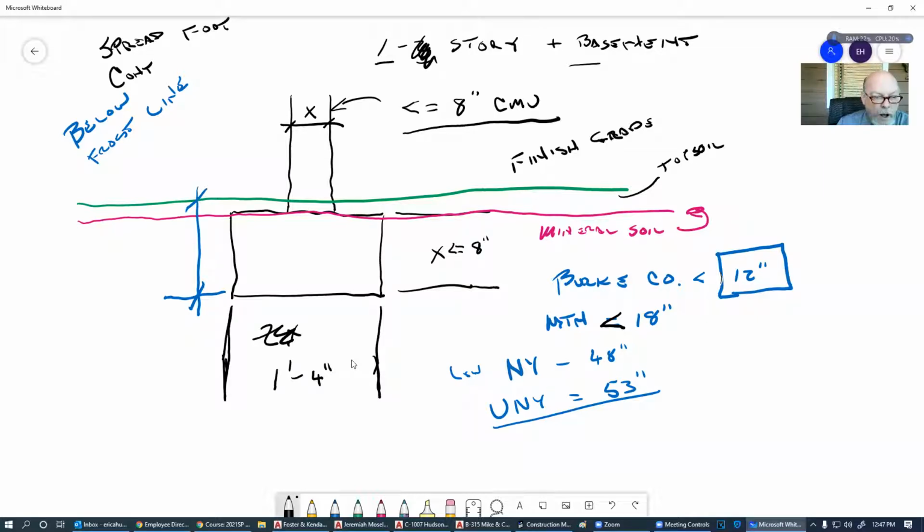So we're going to call the grading company, and they're going to come out and start grading this off. Now, hold on a moment. What size is his bucket? Does he have a 16-inch bucket? Probably not. Does he have a 20-inch bucket? Probably not. What size bucket is he going to have? He's probably going to have a 24-inch bucket.